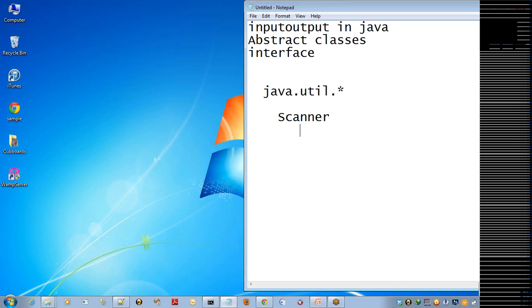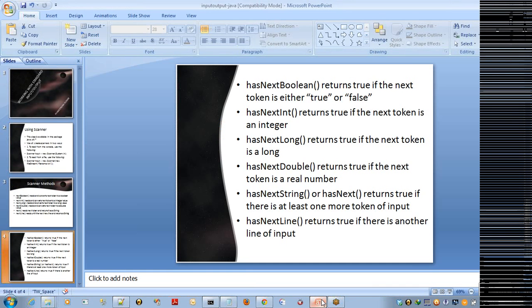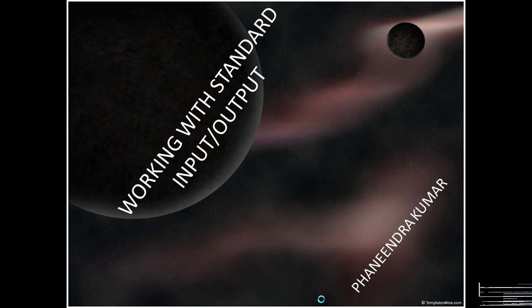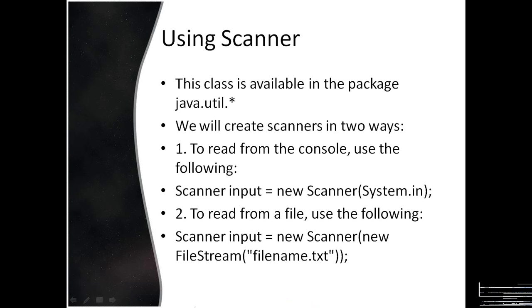It has two types of constructors: one to read information from the console, and one to read from files. To read from the console, use new Scanner with the argument System.in.